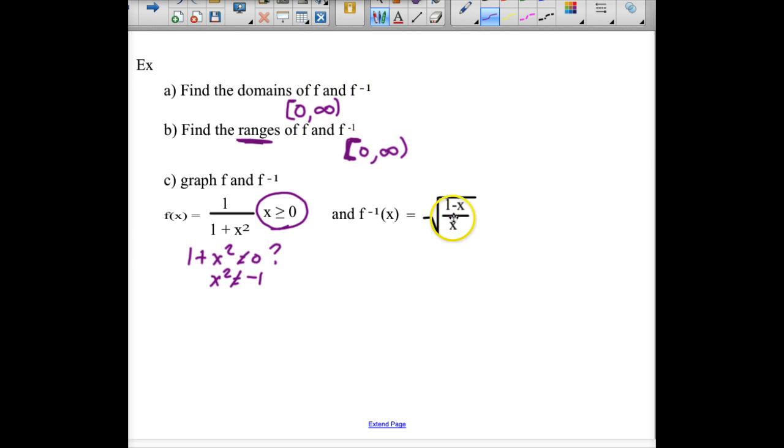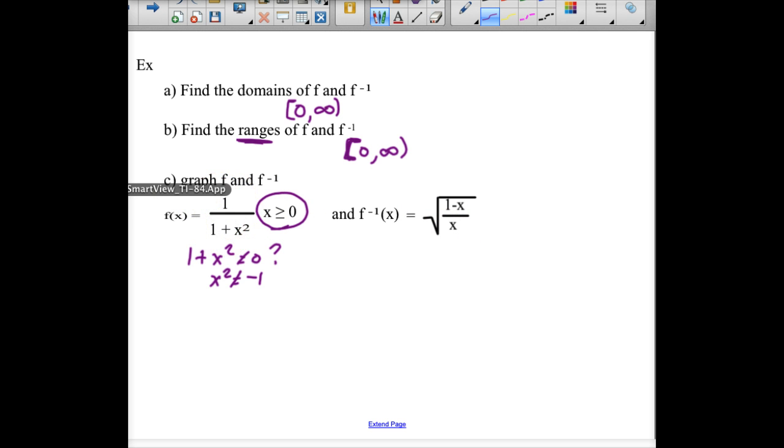How about the domain of the inverse? Well, we can do that two ways. We can look at the range of the original and switch it, or we can look at the domain of the inverse and put that in for the range, because they will be equal. So let's look at the range of this function.